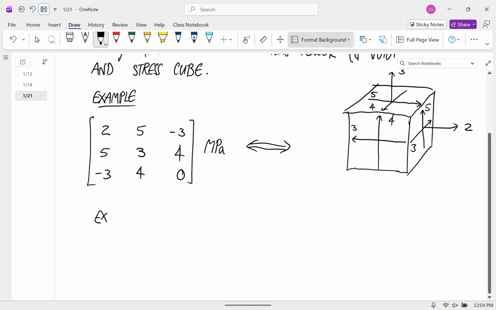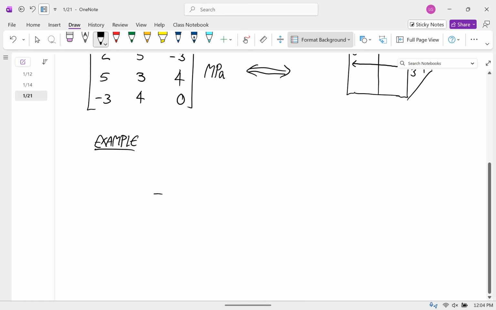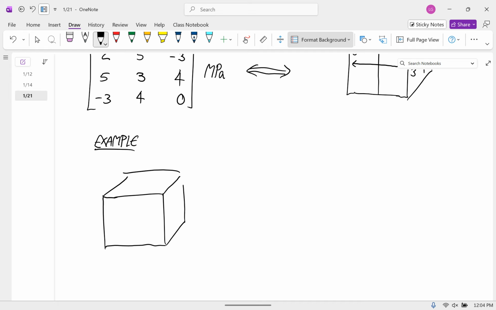Because of the symmetry of the stress tensor, we can also fill in things if the stress cube or the stress tensor doesn't have the appropriate symmetry.